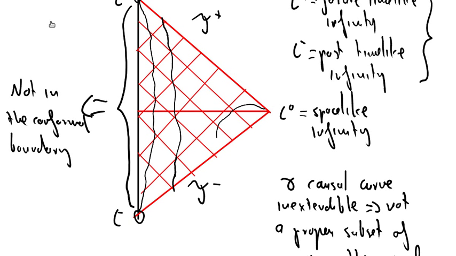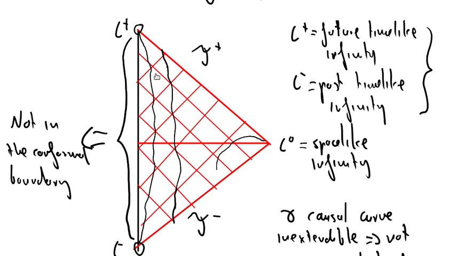So what does it mean? It means the following. Take an inextendable causal curve such that its endpoints on the conformal boundary are I plus and I minus.